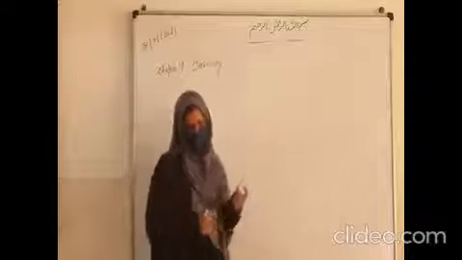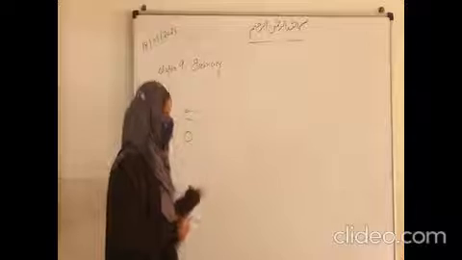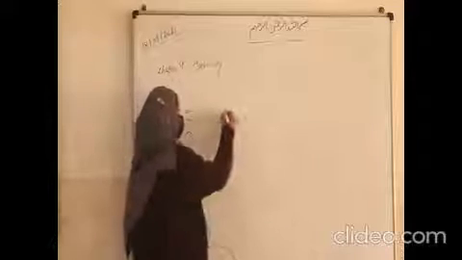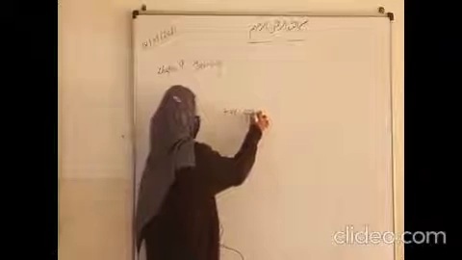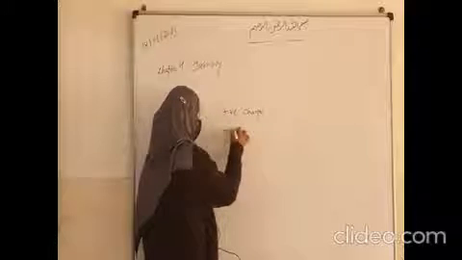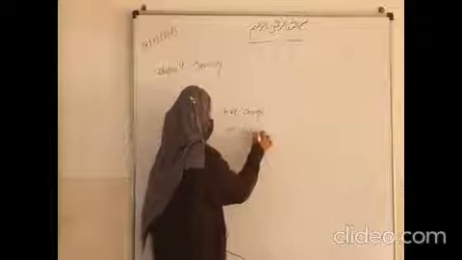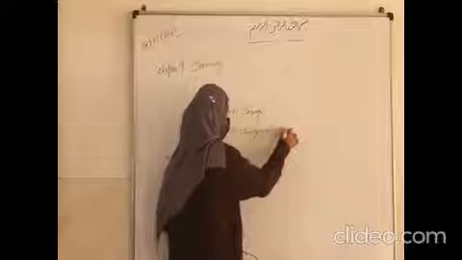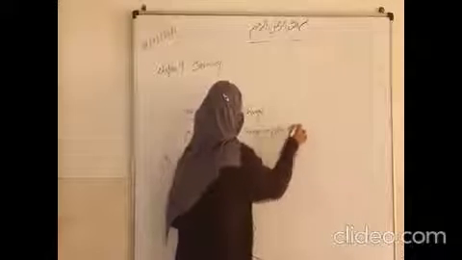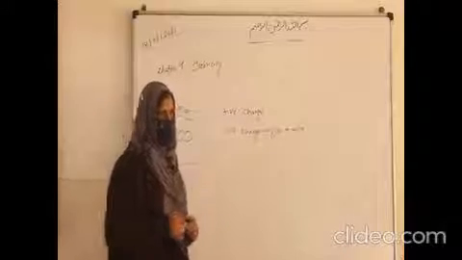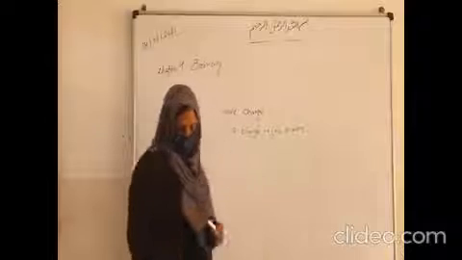So there are two types of charges. One is positive, that is fixed, and another is negative charge. Negative charge, in some metals, is free to move, and that produces electricity.